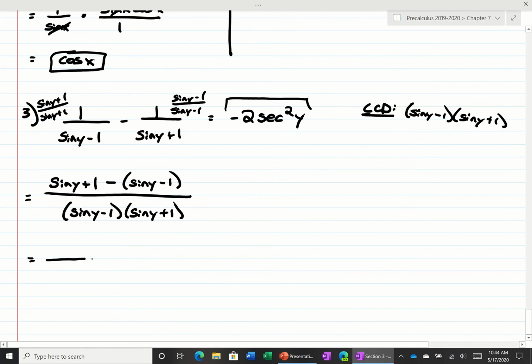Well, if the bottom's supposed to be cosine squared, somehow we're going to have to take what we have and convert that to cosine. I'm going to FOIL out the bottom, sine squared of y plus sine y minus sine y minus 1. And let's distribute out the top, sine of y plus 1 minus sine of y plus 1.